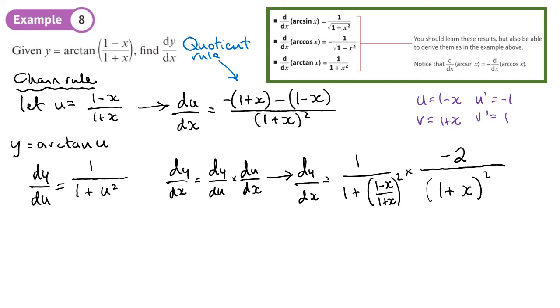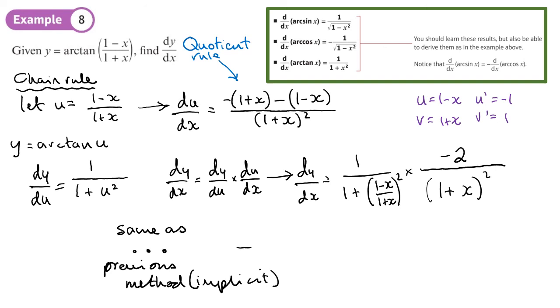Now, is this any easier than the other way? It's probably about the same amount of work, but the rest of this is going to be exactly the same as before, so I'm not going to run through all of those steps again. So I'll just put same as previous method, which was the implicit.